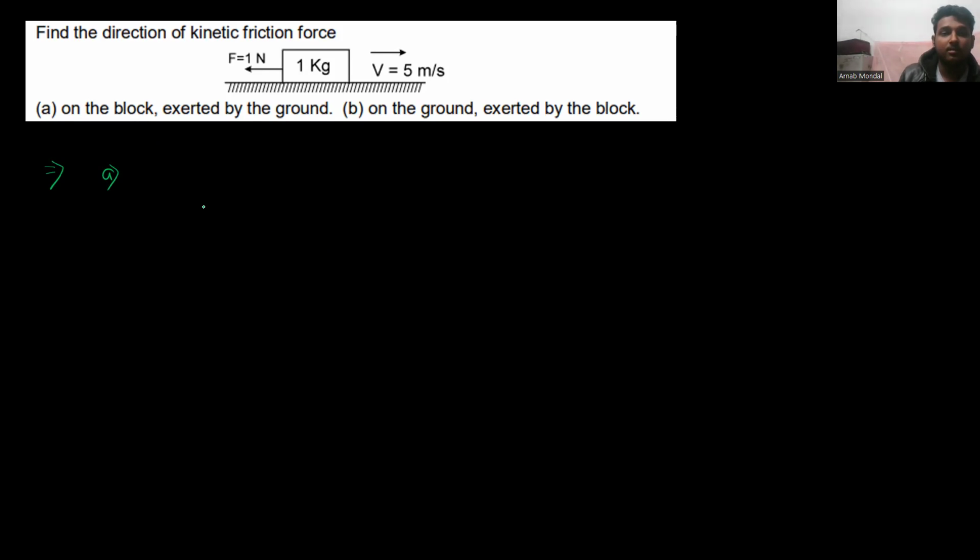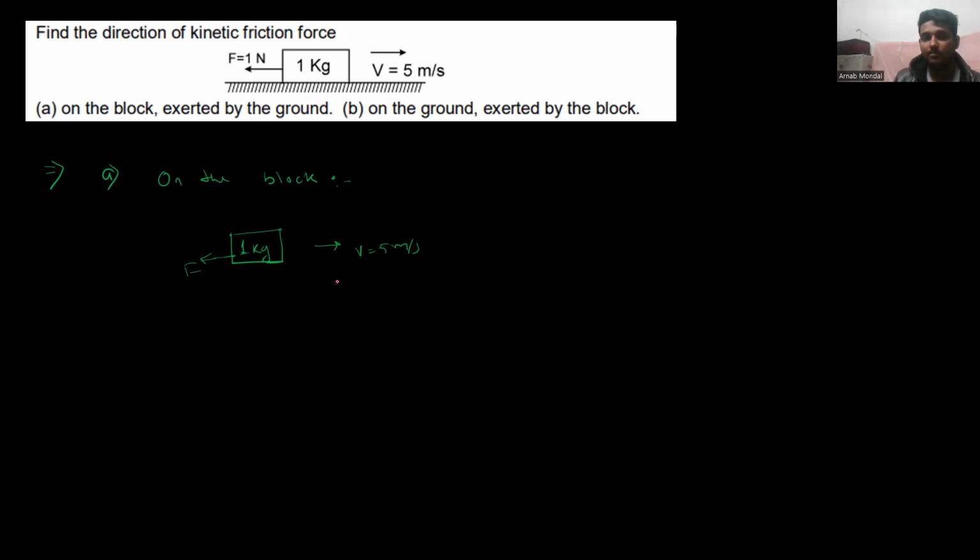Then, on the block, 1 kg. This is F. In which direction is the motion going on?